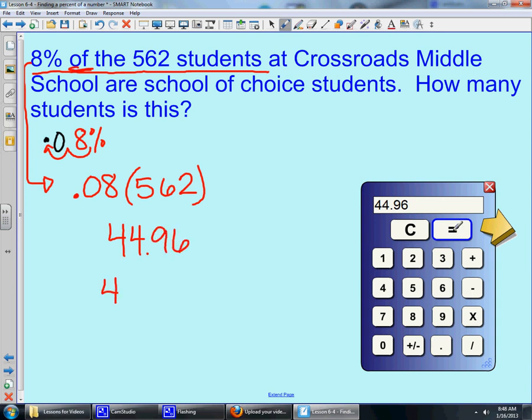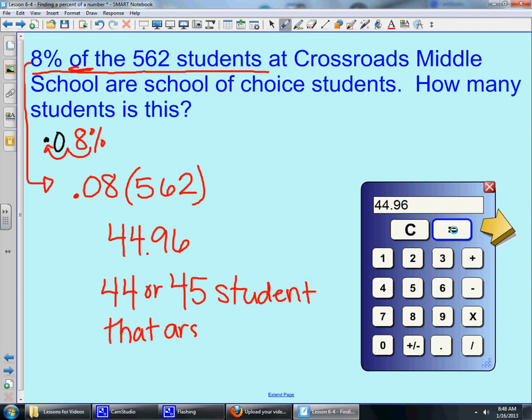So there's 45 students that are school of choice at Crossroads.